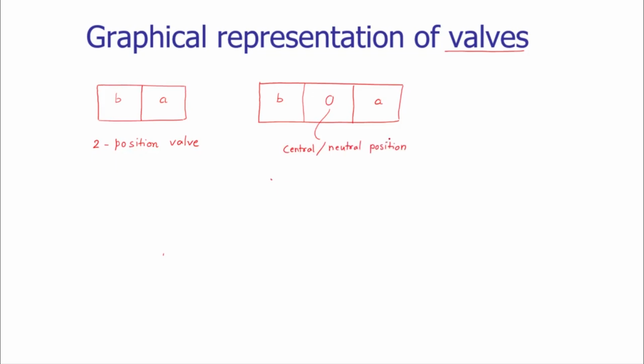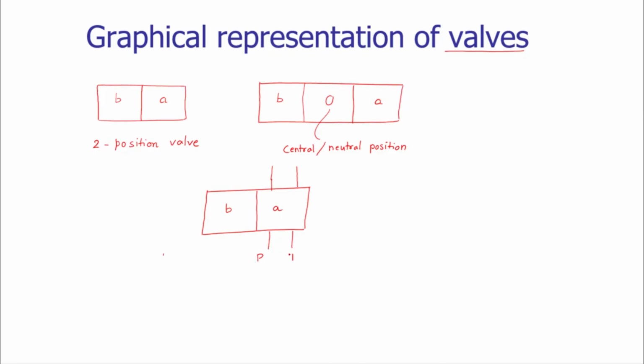Now to these positions, we are adding the ports and the actuation information. Here we are designating the ports. Consider this two position valve having four ports. The port P is designated the pressure port.